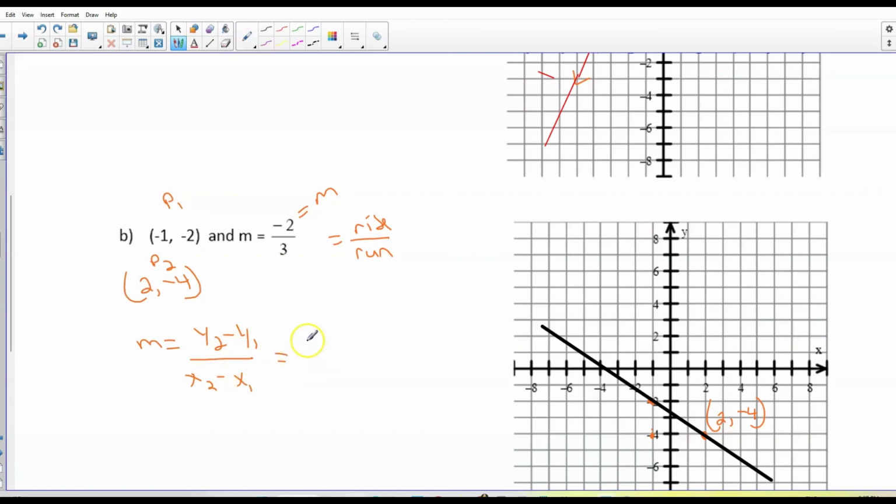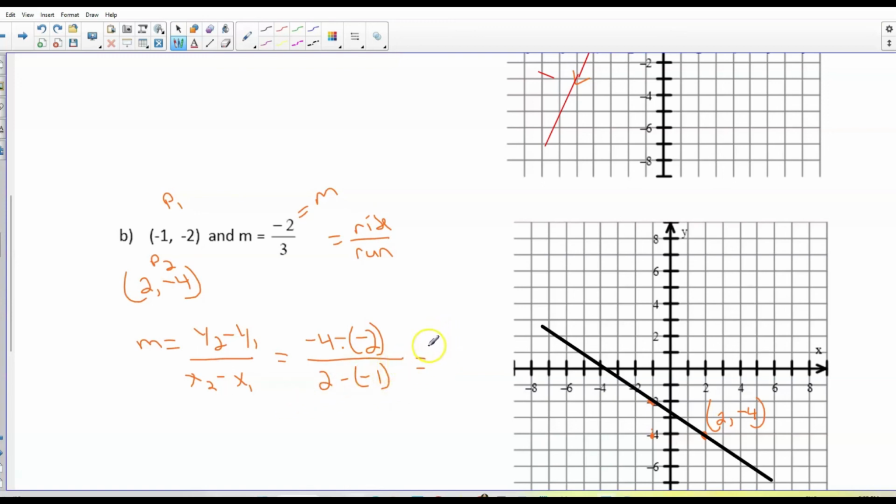So y2, I have -4, minus y1, which is -2. Negative and negative, I always use brackets there just to keep things clean for myself. And then we have x2, which is 2, minus a -1. Put my brackets in.